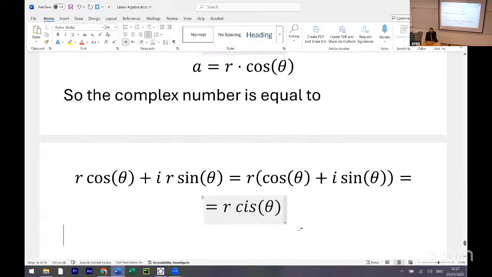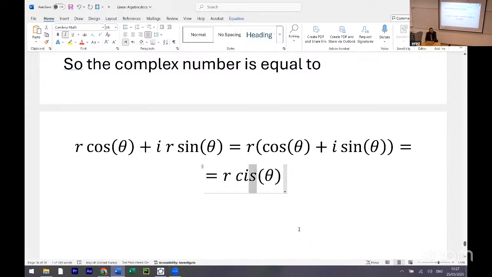Do you know this notation? No. Okay, so it's a shorthand for cosine i sine, right? CIS, the I is the, so that's a definition. When you see cis of theta, it means the cosine of theta plus i sine of theta. It's a shorthand, nothing more than that.